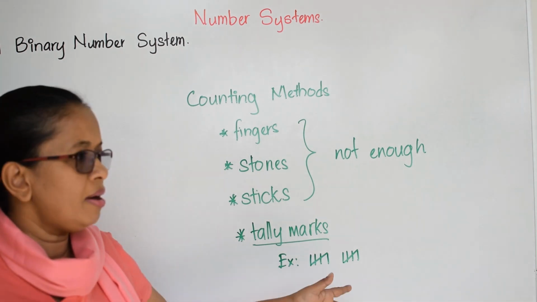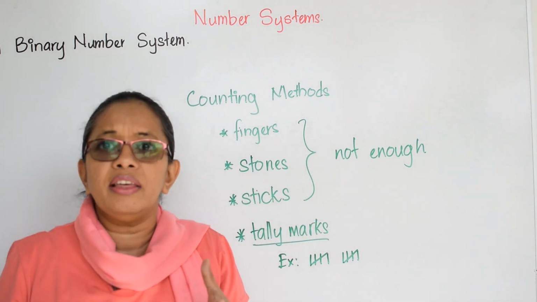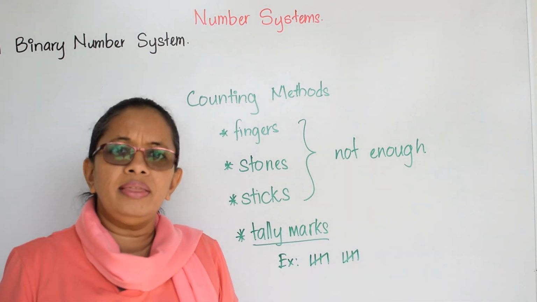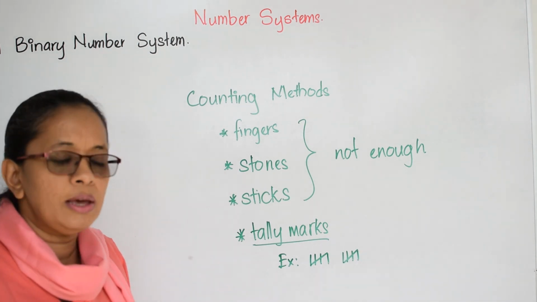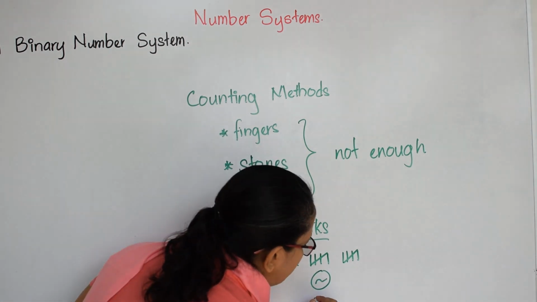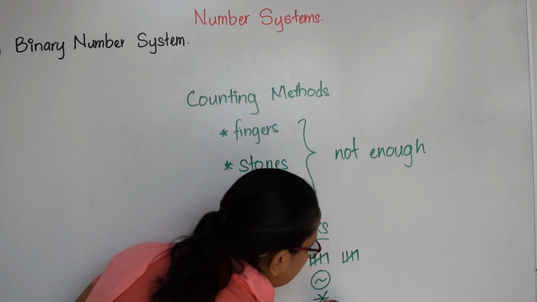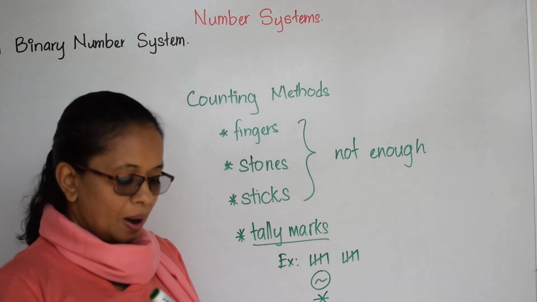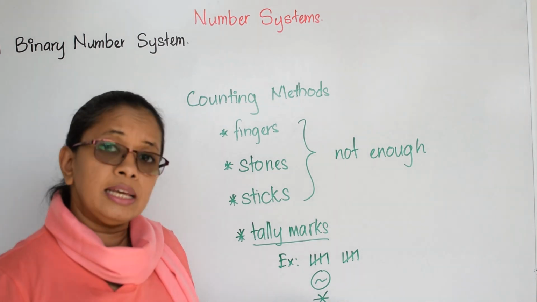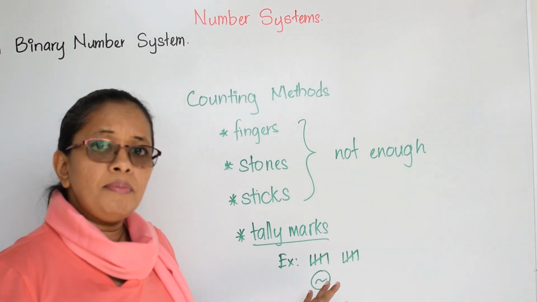Whenever there was a large amount they wanted to count and they could not keep using the same symbols, they introduced new symbols. It can be a new symbol like this to denote 100. It can be a new symbol like this to denote 1,000. Likewise, every day they had to add new symbols to this tally mark system.